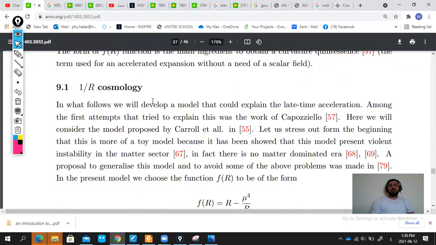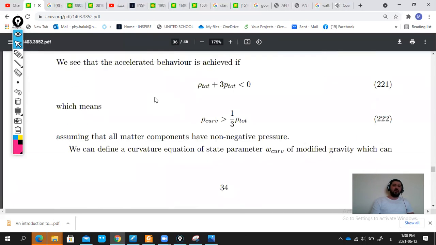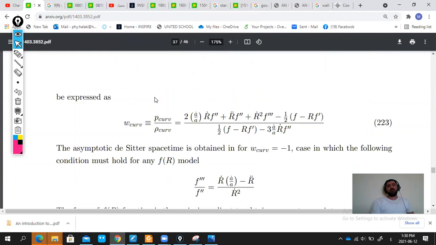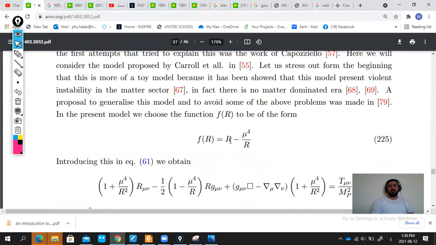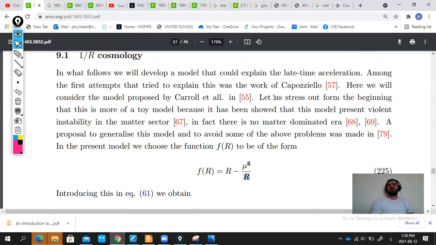Now here they are dealing with a specific case, because without specific F, all of this is general talk. But now they took one of the models with R plus mu to the power 4 over R. They mentioned here that this is a toy model just to discover what's happening, because this model shows instability in the matter sector.